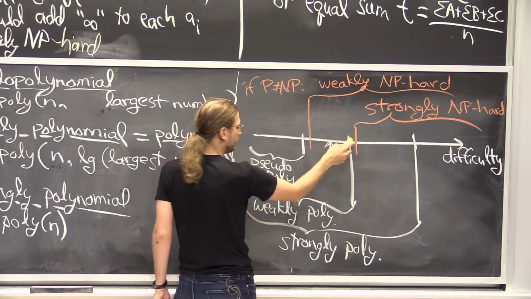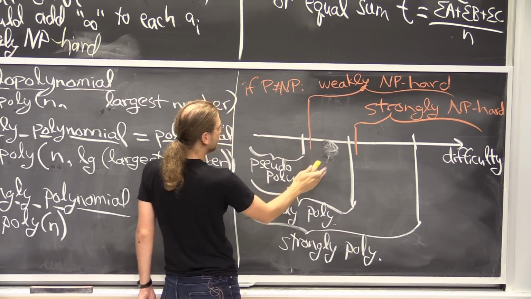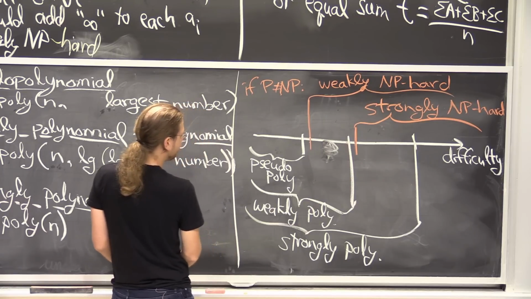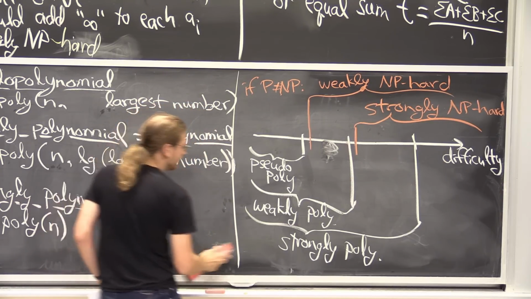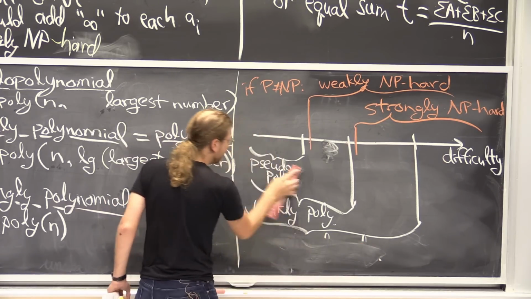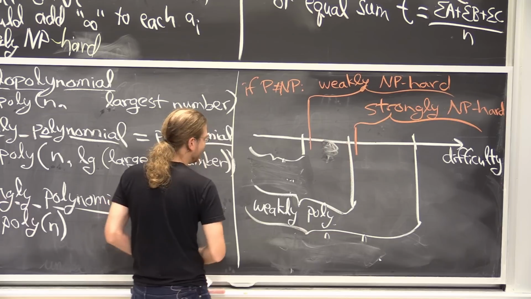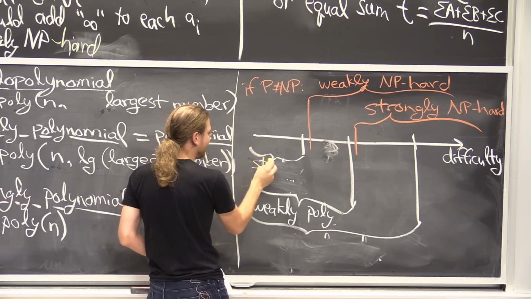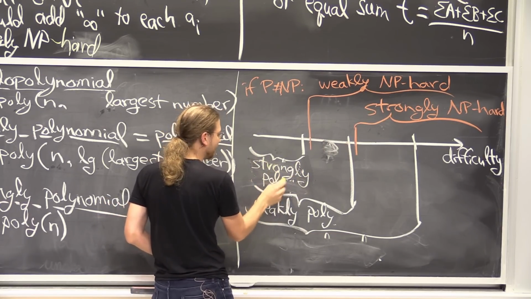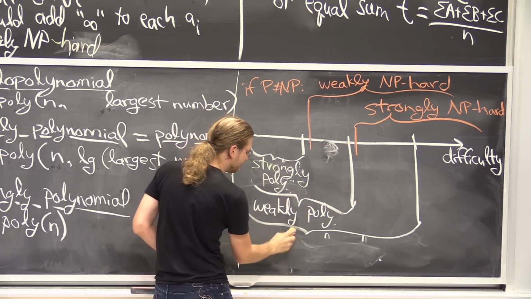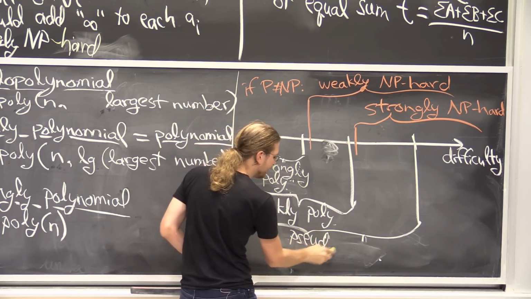Weakly NP-hard. Oops. I think the diagram is backward. If a problem is strongly polynomial, then it's also weakly polynomial. So the middle one's right. Thank you. All right, strongly polynomial is the tightest class. That's the best result. And pseudo-poly is the worst result.